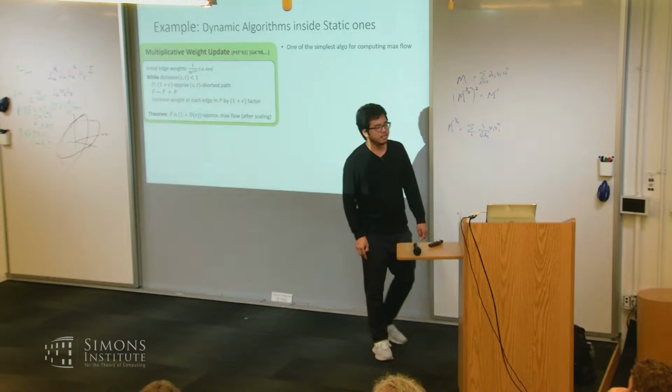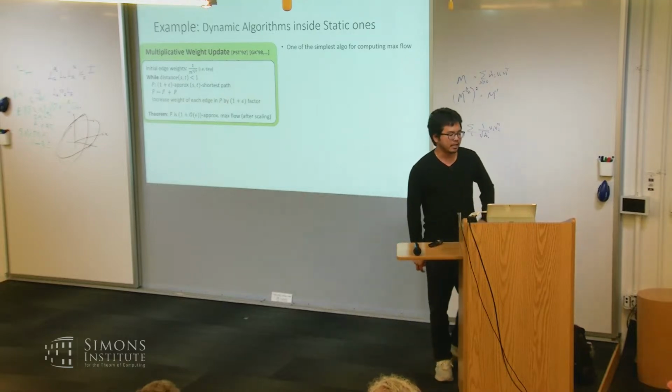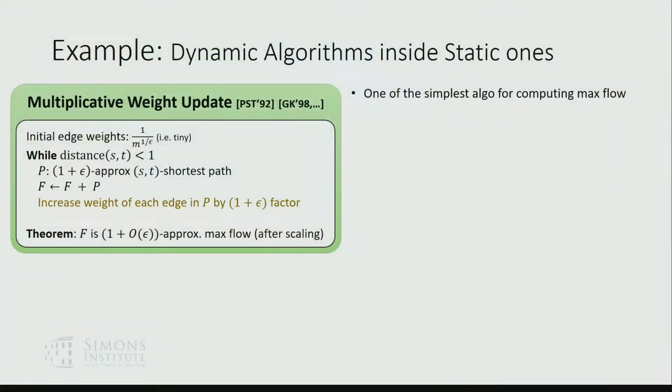So if some edge has large capacity, its initial weight will be smaller. And there will be some small adjustment in how you update. But anyway, this full thing is for a unit capacity graph.